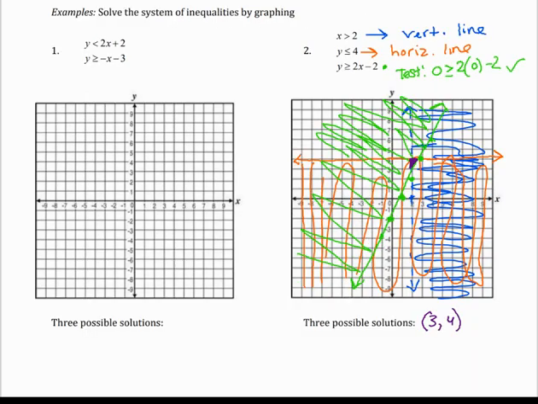So the others are going to have to be decimals. So for example, 2.1 and 3.8, or 2.1 and 3.9. Okay? So if you put those into all of those equations, you would get true statements.